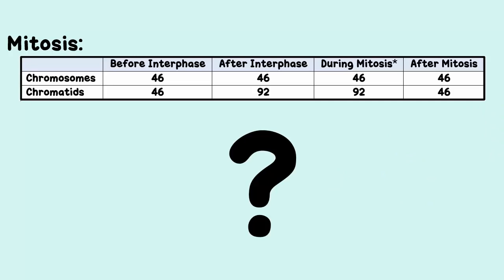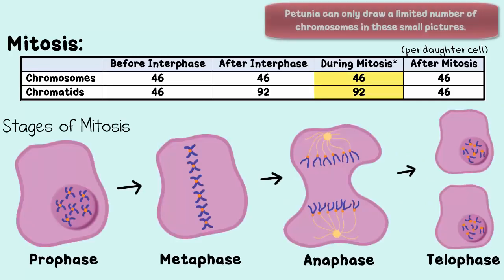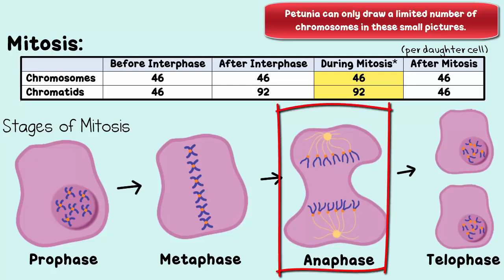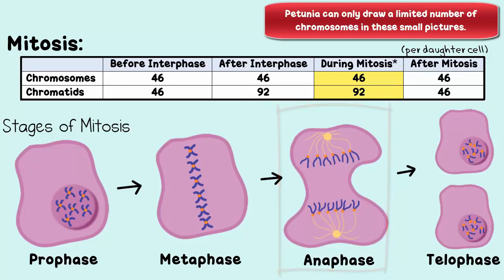So is there a time in mitosis when there are 92 chromosomes? Well, technically, you could argue that at anaphase, when the sister chromatids are separating and they're no longer attached, you could see in this picture there could be 92 chromosomes because they're not attached during that one phase. And that's why our chart has a little asterisk here.